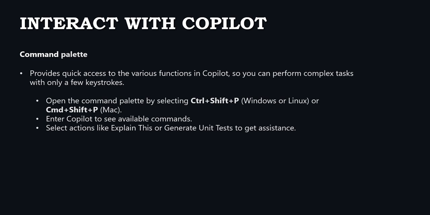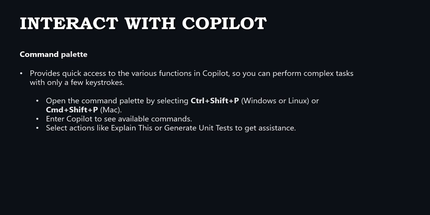You can open it by pressing Ctrl+Shift+P on Windows and Linux systems, or by pressing Command+Shift+P for Mac users. Then you type Copilot in the command palette window to view any available commands, and then you can select options like Explain This to understand code snippets, or Generate Unit Tests to create test cases automatically.